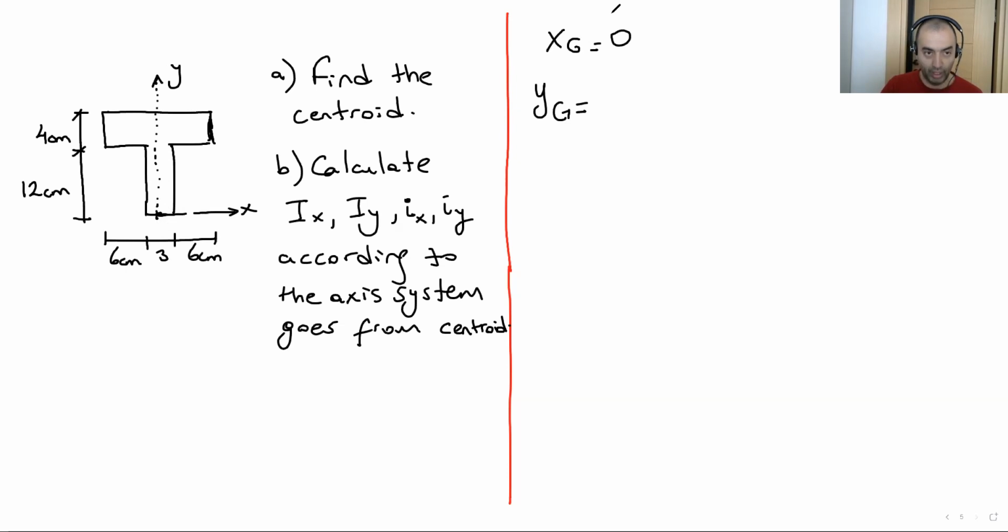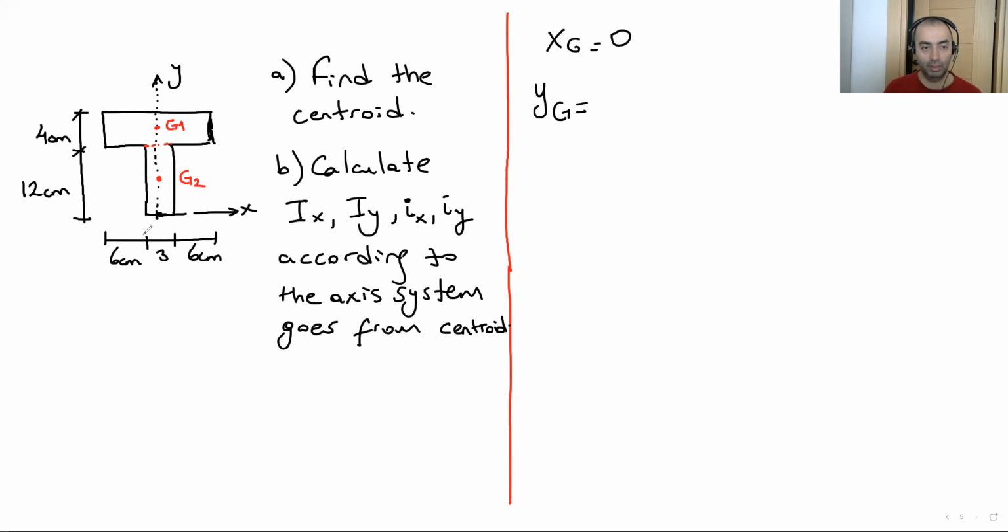If we divide this system into two portions from here, we have a G1 here and G2 here. We have two different centroids, local centroids, but at the end we are going to calculate the global one.